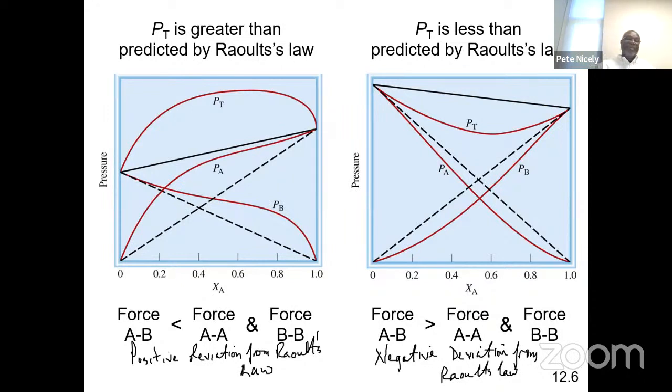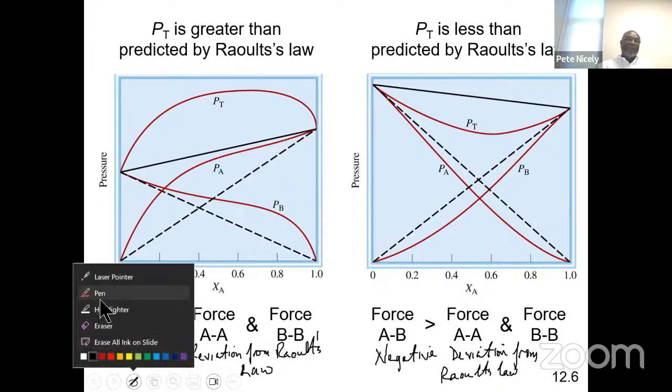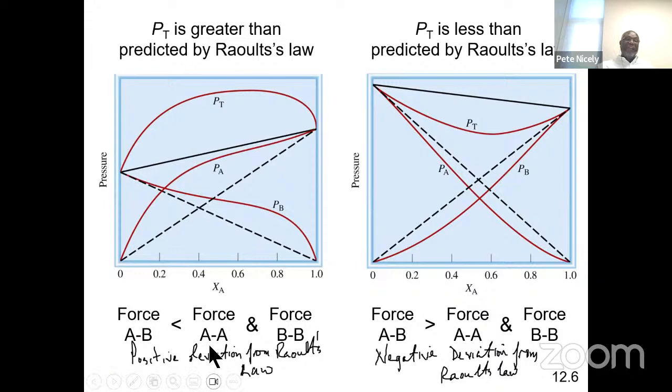So for example, over here, as you can see, the force of attraction that exists between the AA and BB molecules, or the A to A attraction and B to B attraction, those forces here would be greater compared to the force of attraction that exists between the different components, the A and B components.